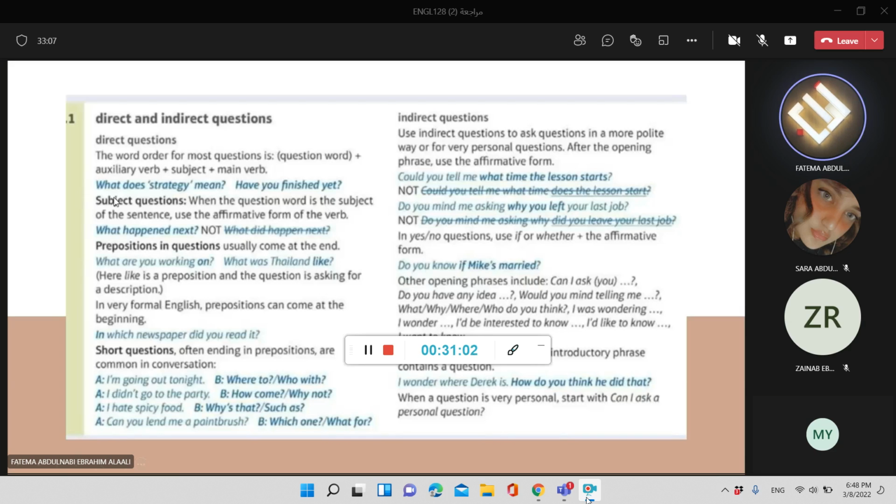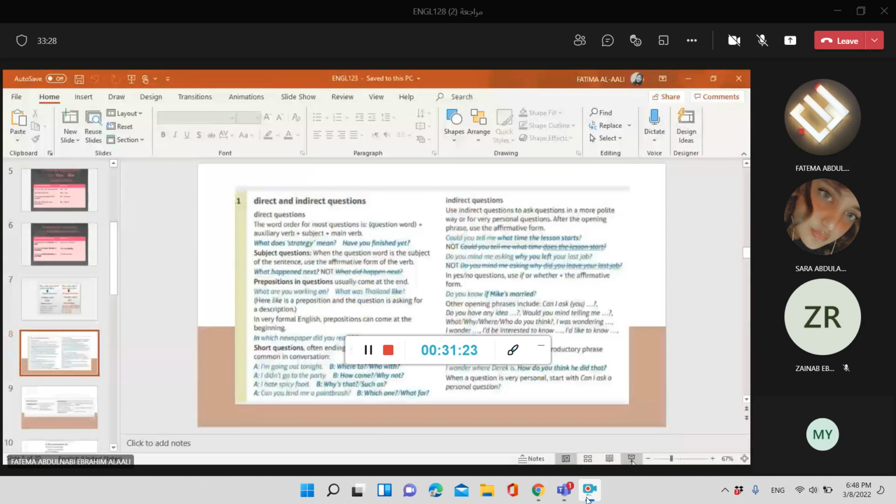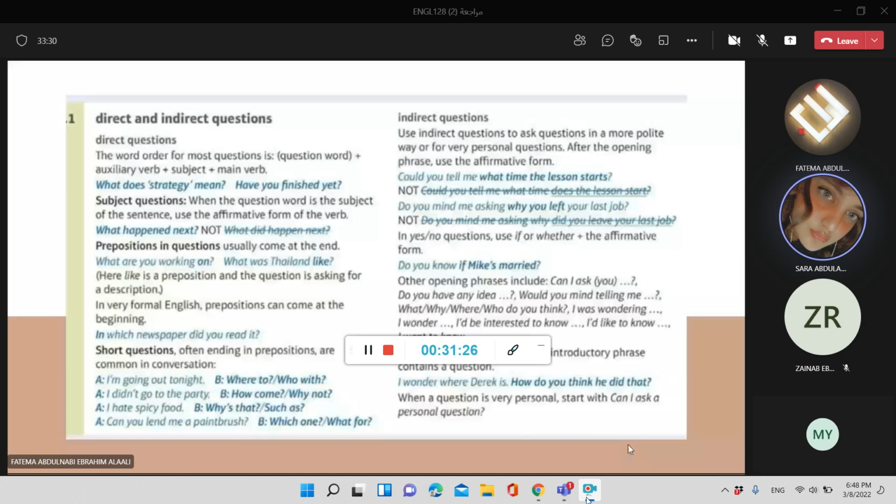For example, what does strategy mean? Sarah, can you change this question from direct to indirect? Could you tell me what does the strategy mean? I can't hear your voice, can you raise your voice? Could you tell me what the strategy means? Repeat, Sarah, sorry for that. Could you tell me what the strategy means?